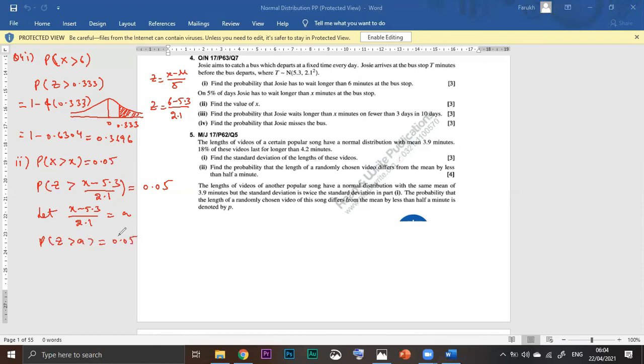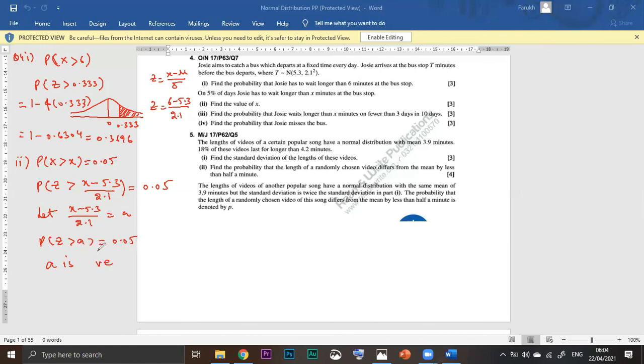Mila, is a positive or negative? Here we have z greater than a and the probability is less than 0.5.